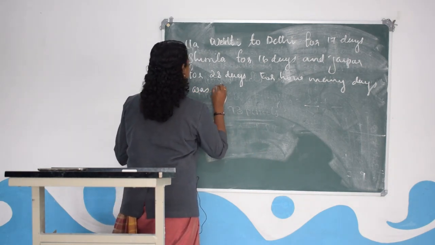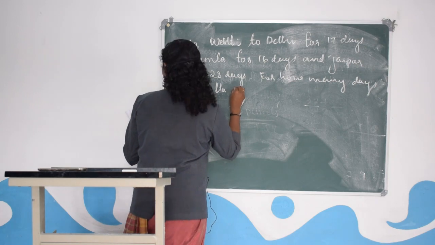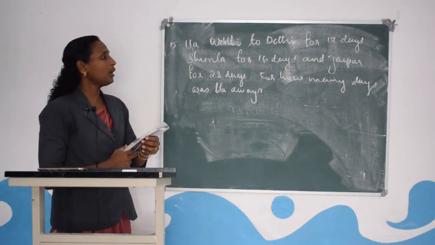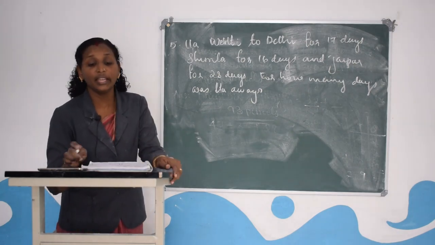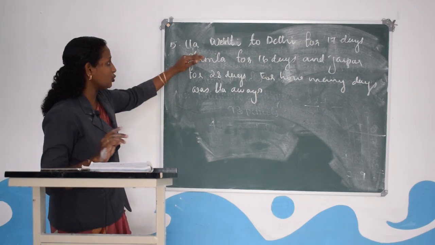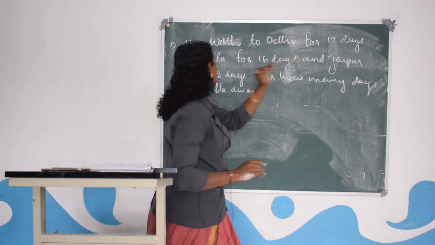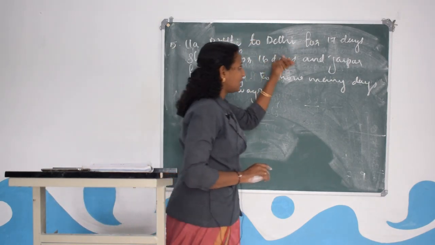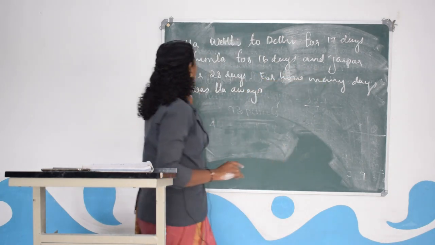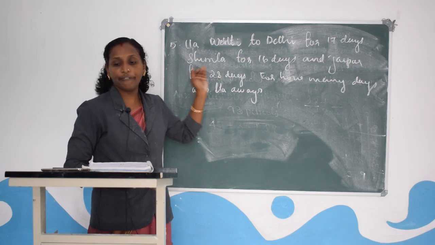Ilham away? That means the total number of days. To find the total number of days. Ilham went to Delhi for 17 days, Shimla for 16 days and Jaipur for 28 days. For how many days was Ilham away?